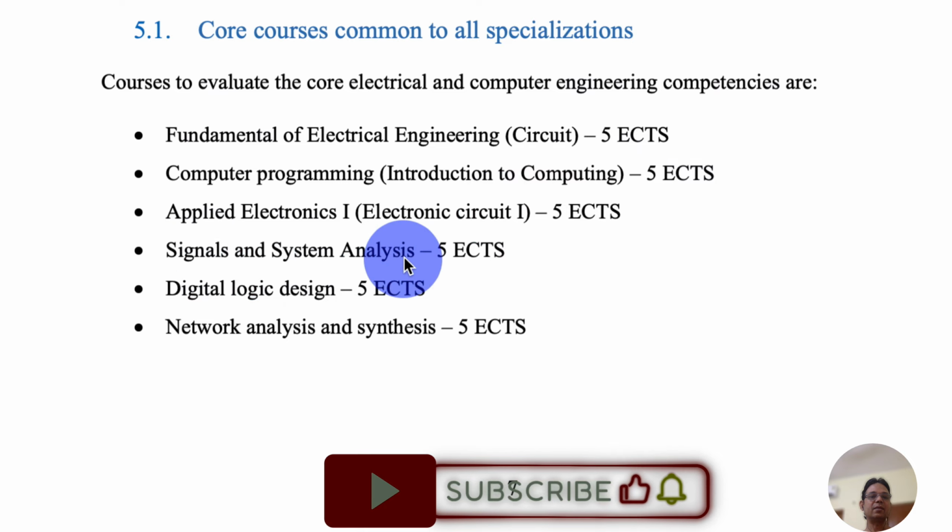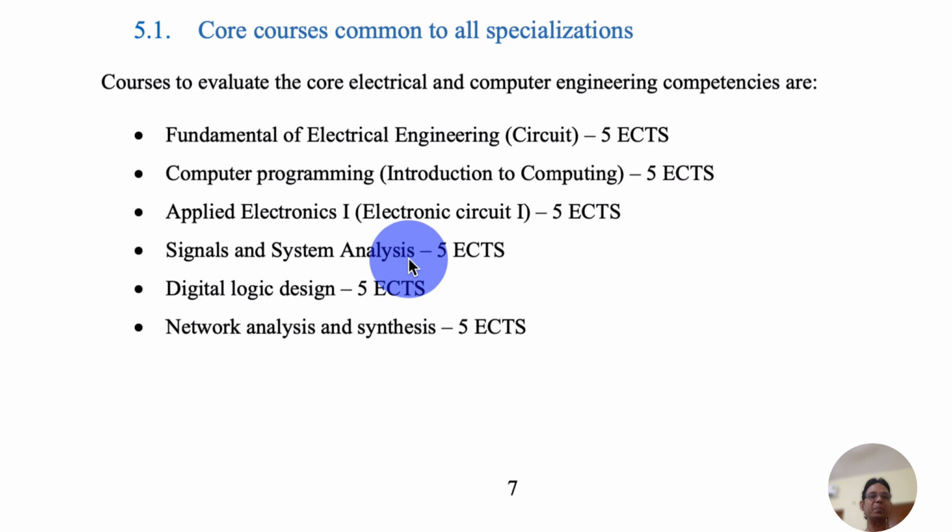Signal system analysis is all about signals and systems, how we can represent the signals in mathematical form, then how we can determine the output based on the stability, instability analysis. So this system covers that. Digital logic design is just discussing the computer systems inside.